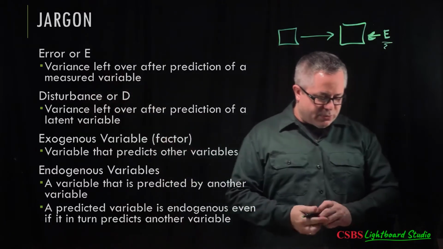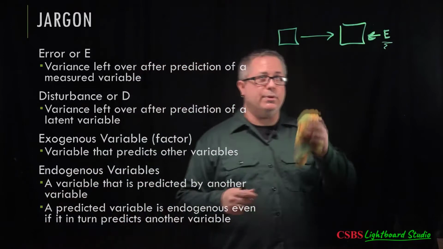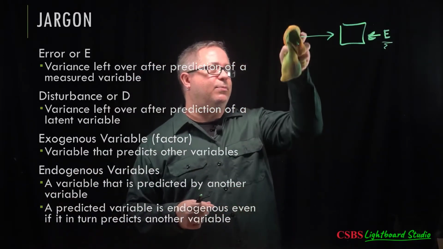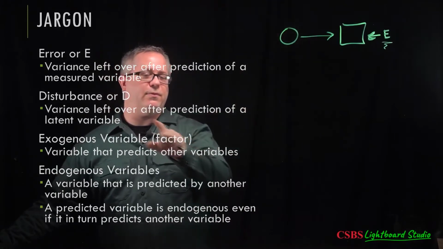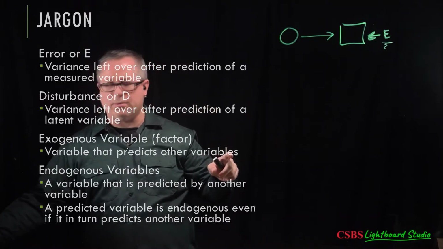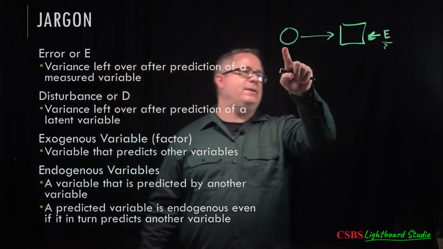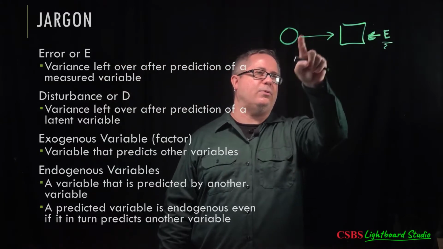It's also true if we look at this, if it's a latent variable that is predicting it, that this sort of makes sense. It is the variance left over after prediction of a measured variable. But if this latent variable is predicting this, then this is not necessarily a regression.